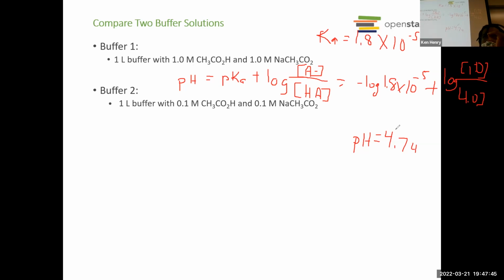So if we're comparing buffer 1 to buffer 2, we know that the pH of them are going to be the same, which is going to be 4.74, right? But which one is going to be more effective as a buffering agent? Buffer 1 or buffer 2? Why? It has a higher molarity, yes, because it has more things to bind stuff, right?